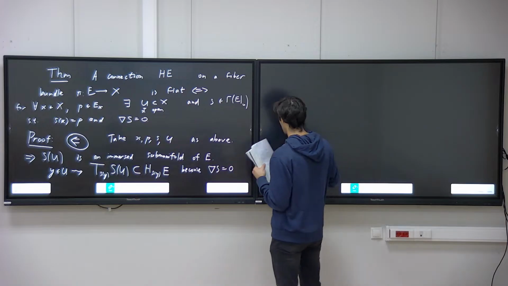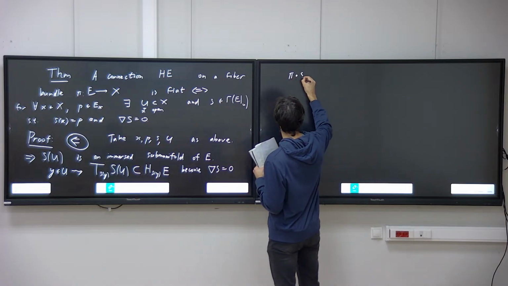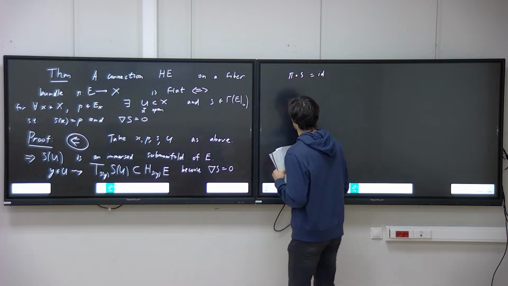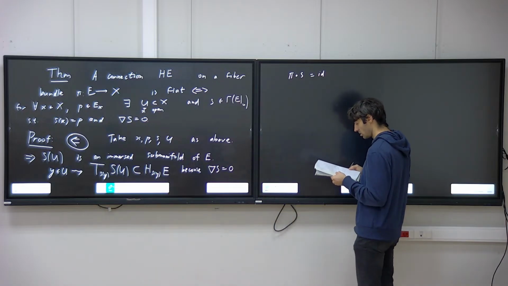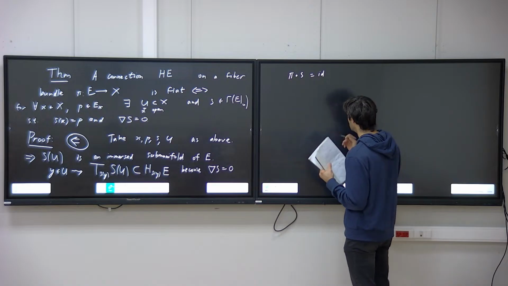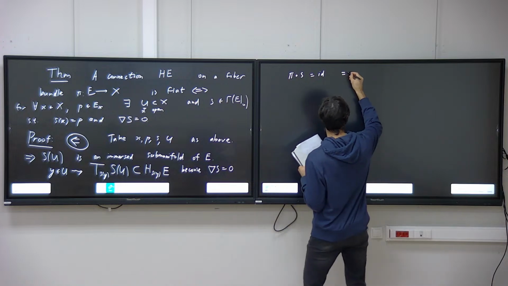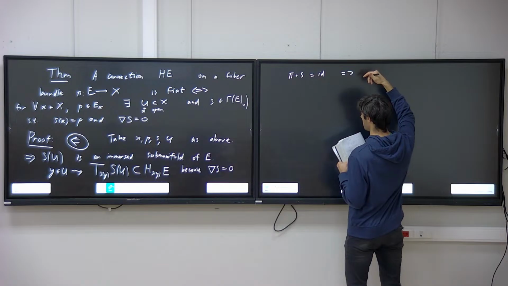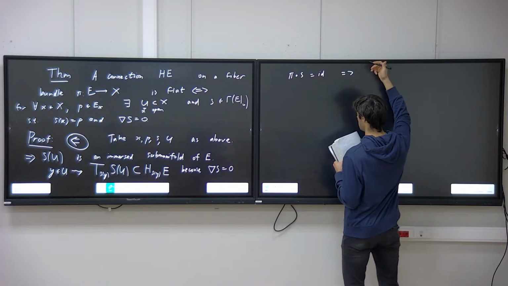On the other hand, the dimensions of these two just match. Right? So I know that pi composed with S is the identity, so from this it follows that d pi composed with dS is the identity.